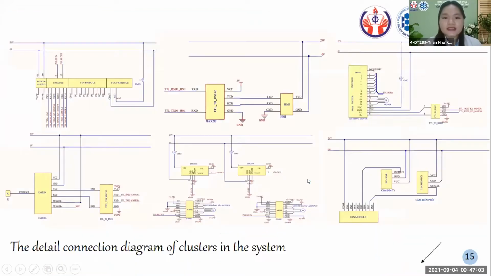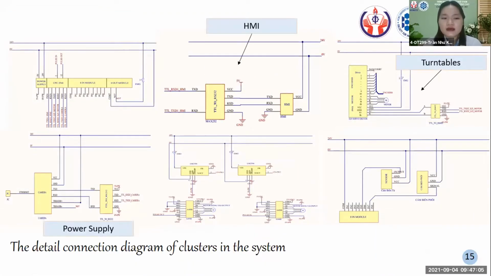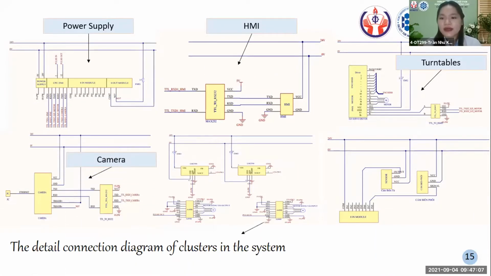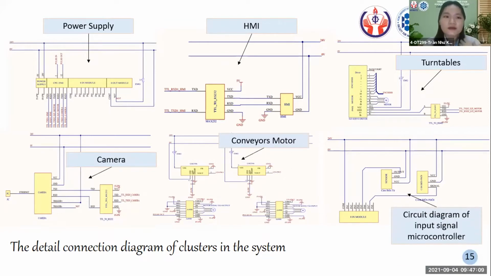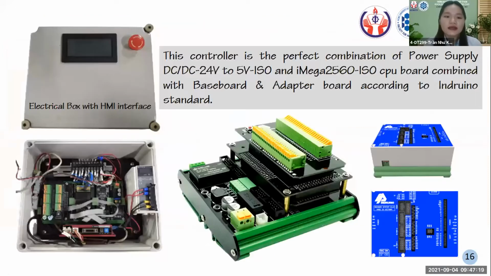The following is the detailed connection diagram of my project, from the power supply to the circuits and the input signal diagram. Here is my electrical box, with the central processing unit from a company's products.